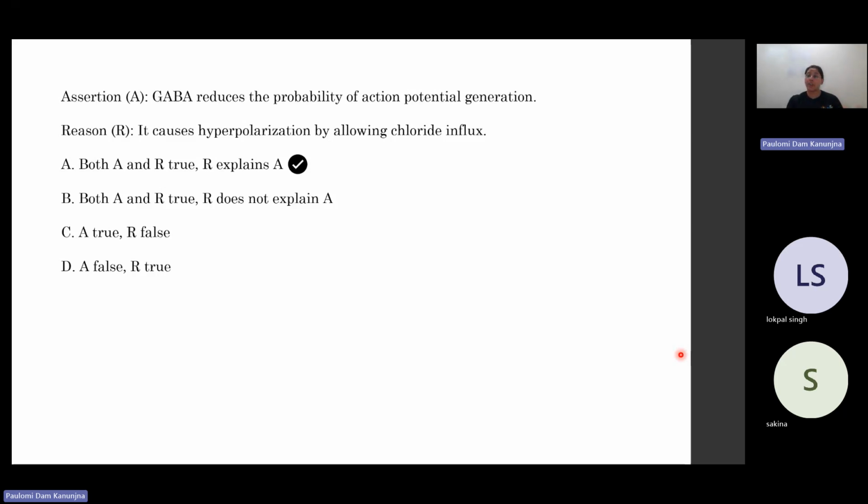I remember we said that GABA binds to the GABA receptor and opens the chloride channel. Chloride comes inside, more negative charges inside the cell. It goes way negative in its membrane potential. It becomes hyper negative, which is this hyperpolarization. And it is not able to generate the action potential anymore, and that's how it inhibits the action potential.